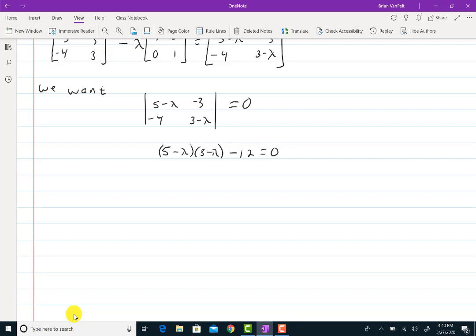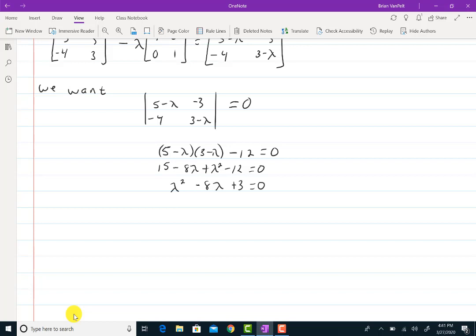To solve this then, I'll multiply out and combine like terms as normal. So I'll get 15 minus 8 lambda plus lambda squared minus 12. When I clean up a little bit, lambda squared minus 8 lambda plus 3 is equal to 0.